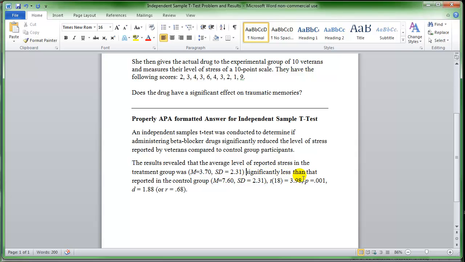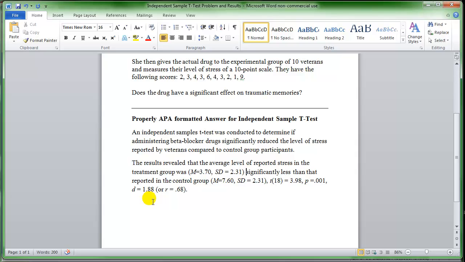Was significantly less than that reported in the control group, who had a mean of 7.6 with a standard deviation of 2.31, and here I say t, 18 degrees of freedom, equals 3.98, p is equal to 0.001, and then here I provide an index of effect size.